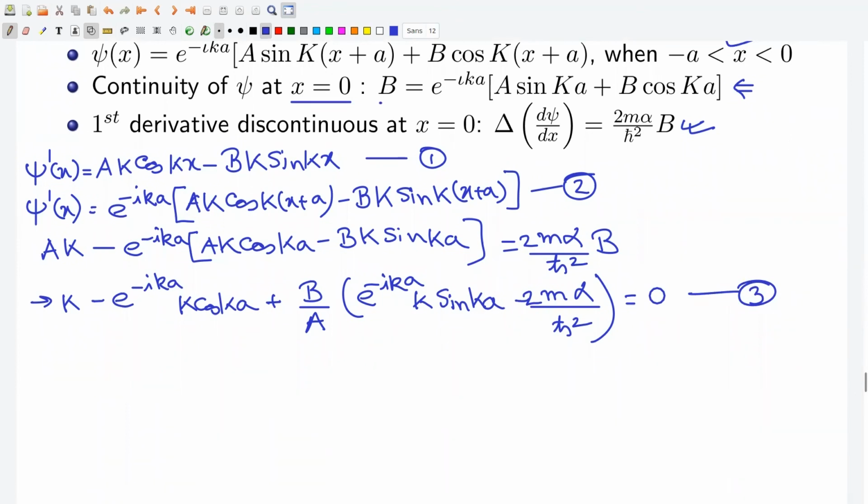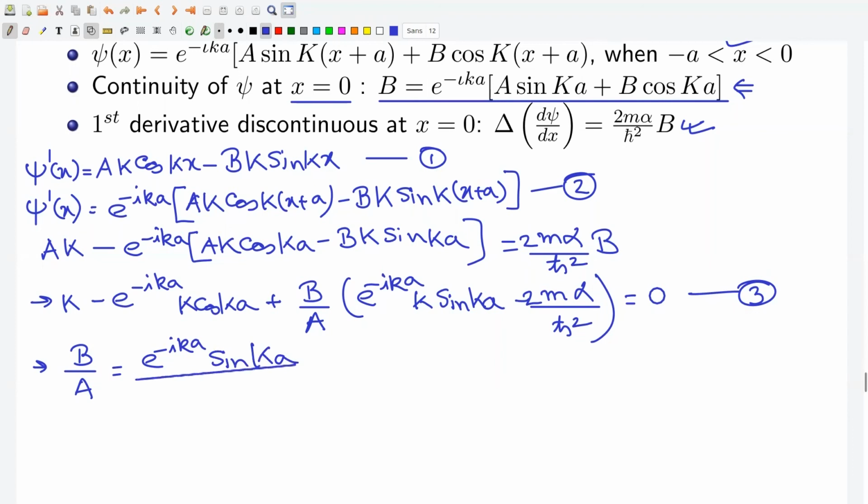Now from this equation, we can get the ratio b by a, which is equal to e power minus i k a times sine capital K a divided by 1 minus e power minus i small k a times cos capital K a, which can be written in a simpler form as sine K a divided by e power i k a minus cos capital K a.